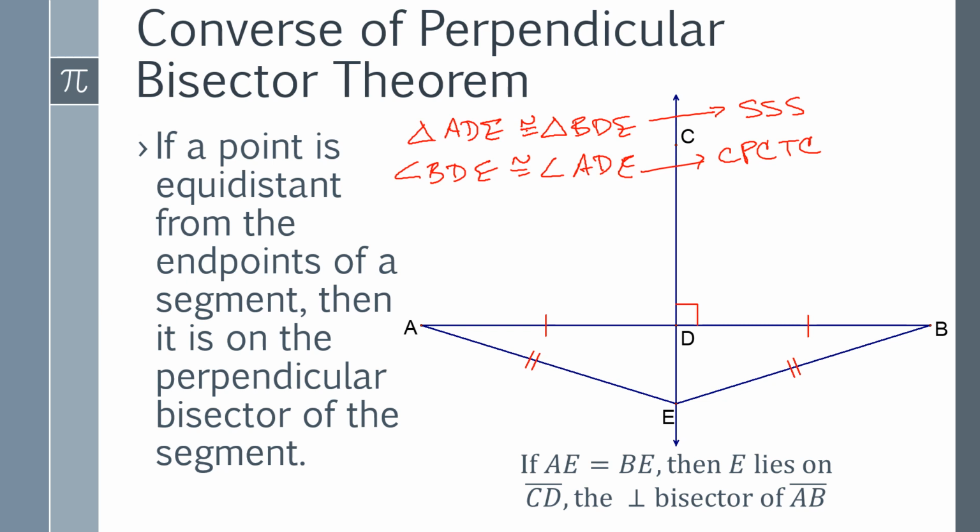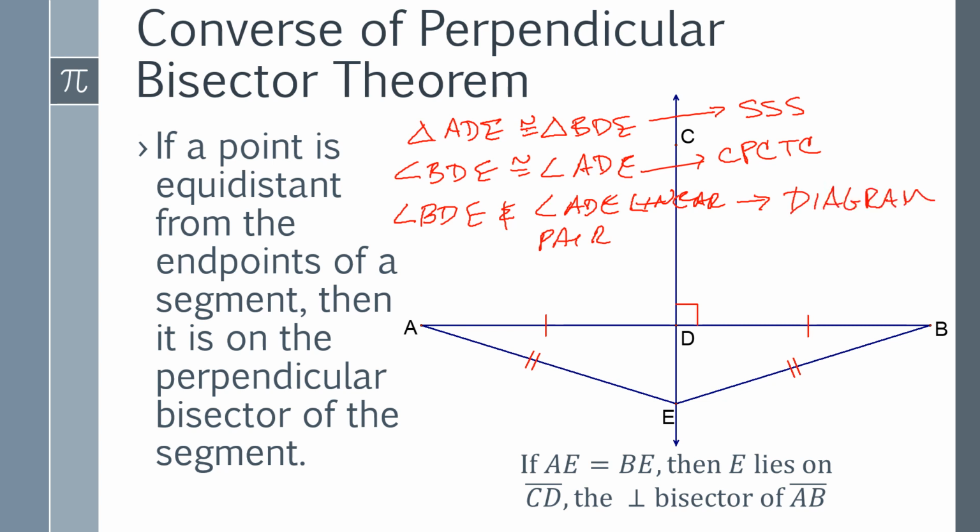So now, because they're congruent, if we say angle BDE and angle ADE are a linear pair, and that comes to us from the diagram, and since they both are a linear pair, and therefore they are right angles.